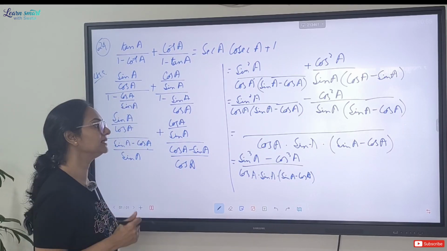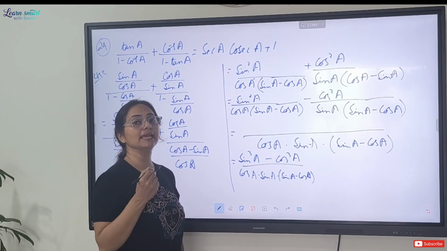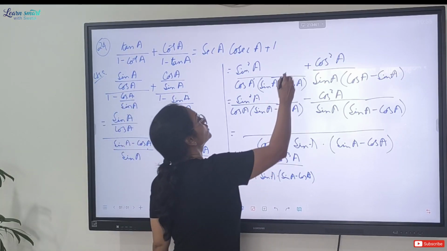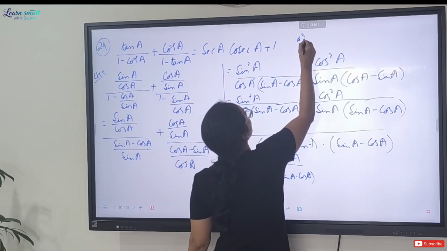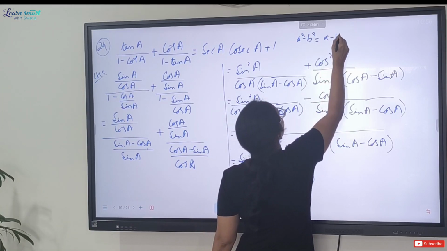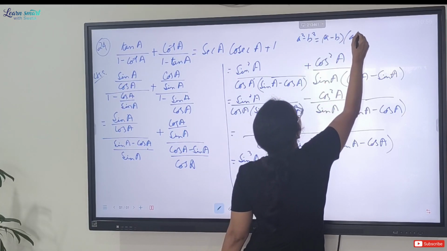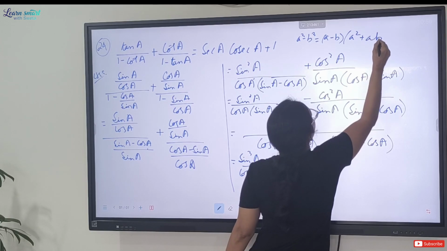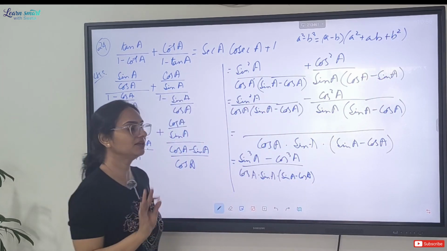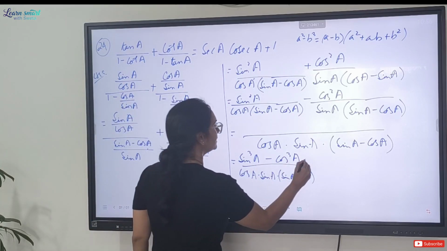We will use the identity A cube minus B cube is equal to A minus B into A square plus AB plus B square. This identity we are using, and let's write this.